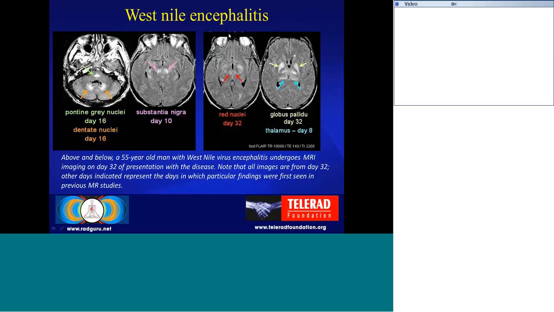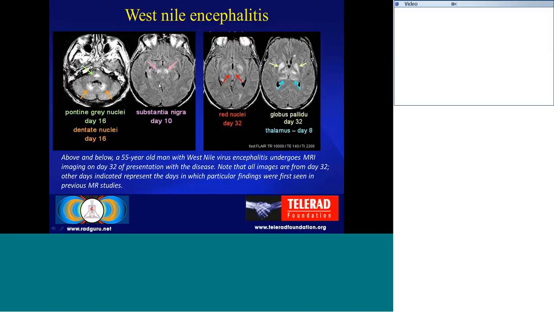So coming to the West Nile encephalitis, which is also common in the Indian subcontinent, we can see that this is a patient of 55 years old with West Nile virus encephalitis. So we can see that the pontine gray matter is involved, the dentate nuclei are involved. This is the substantia nigra of midbrain. So Japanese encephalitis and West Nile encephalitis imaging features are almost similar.